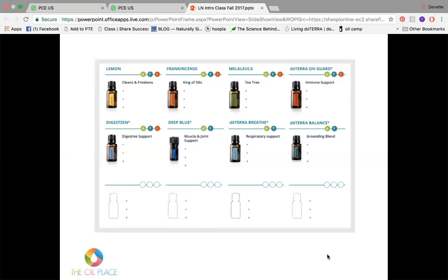Wild orange and balance mixed together is phenomenal in the diffuser, and it's a great blend to have on the roller ball because it's a very pleasant smell and kids don't mind it. Applied to the back of the neck, wrist, or bottom of the feet, it is one of my favorite easy go-to blends to calm any emotional distresses that might be going on in our family.